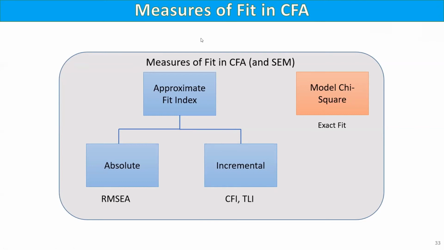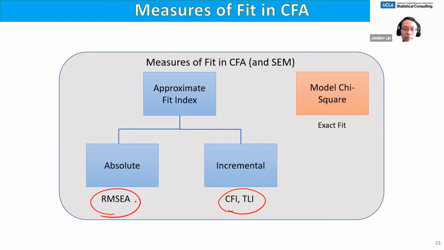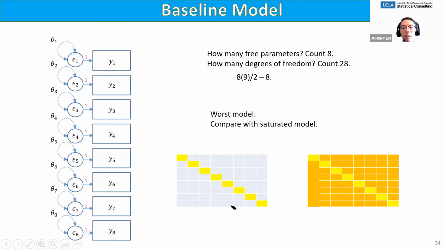So there's 2 types of fit indices, okay? There's absolute and incremental. You don't have to actually know what that means. But basically, there's CFI, TLI, and then there's RMSEA. Those are the main ones you want to know, okay? All right, but before we do that, we have to know what a baseline model is.